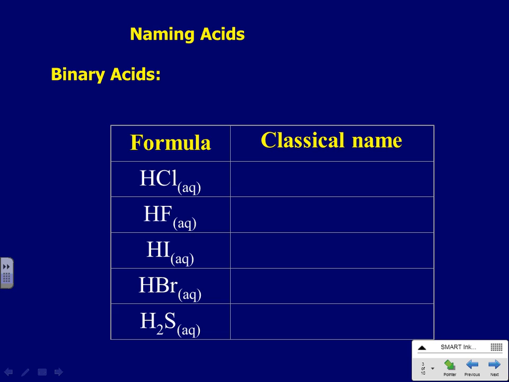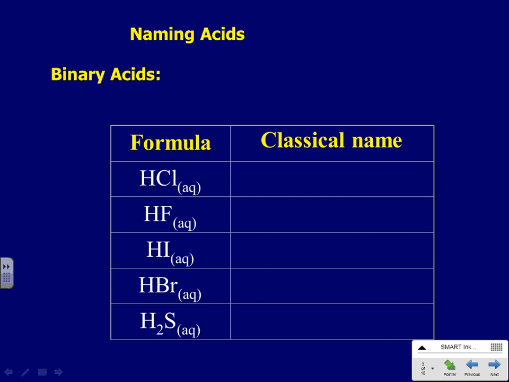We actually have two naming systems that we use in chemistry. One of them is from years ago and has been developed over many years. Then we have a newer version, the one that uses the brackets and the Roman numerals. It's called the IUPAC naming system. Don't worry about it. We'll talk about that next year. We're going to talk about the classical way of naming acids.